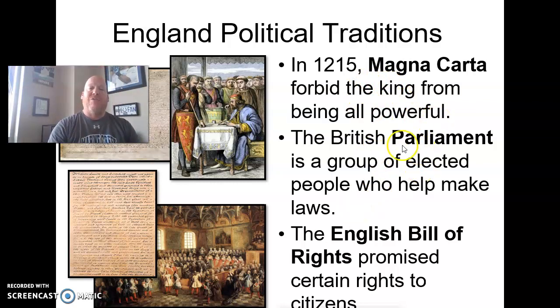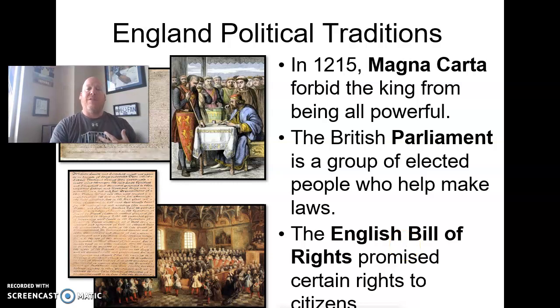Over in England, they have something known as Parliament. It's a group of elected people who make their laws. It's very similar to our Congress here in the United States, and it was kind of a precursor of the House of Burgesses, a group of elected lawmakers. And then down here, England also had something known as the Bill of Rights.